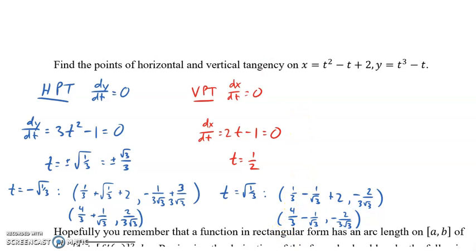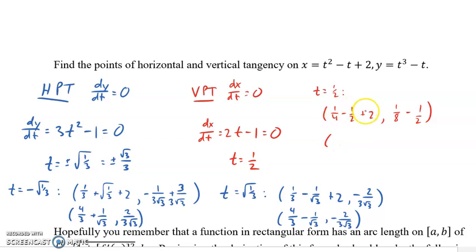And now we'll go ahead and find that 1 point of vertical tangency. That's going to be when t equals 1/2. So this is just a bunch of algebra, right? We get 1/2 squared minus 1/2 plus 2, 1/2 cubed minus 1/2, and we just work it out.